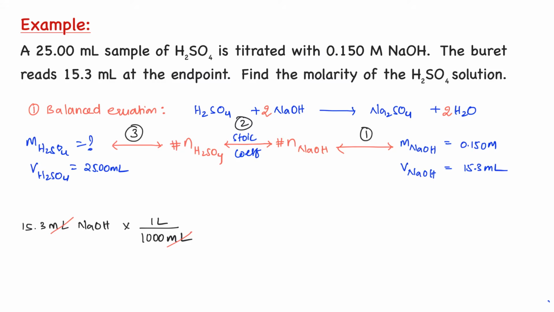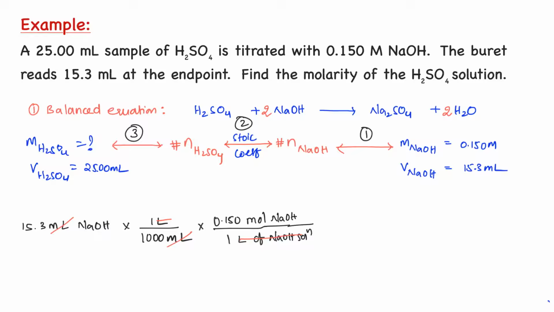We convert the liters of sodium hydroxide into moles of sodium hydroxide by multiplying it with molarity. The molarity of sodium hydroxide is given as 0.150 molar. We can also write this as 0.150 moles of sodium hydroxide per 1 liter. Liters get cancelled. Now we have moles of sodium hydroxide.